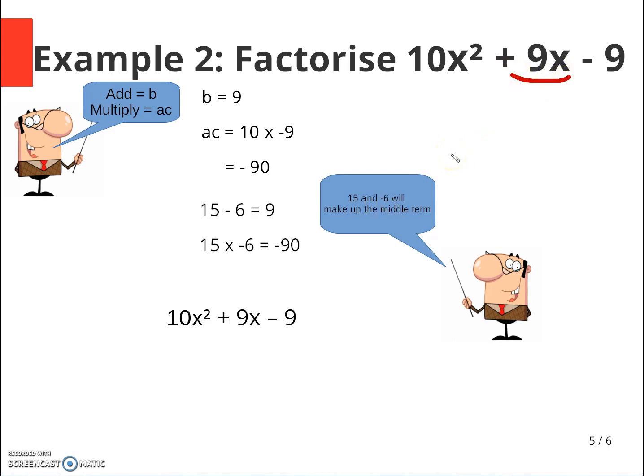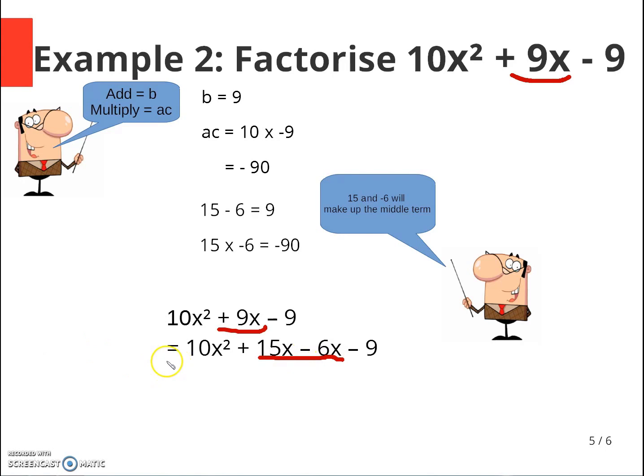So 10x squared plus 9x, take away 9, will now become 10x squared plus 15x minus 6x minus 9. The 9x has been replaced with 15x minus 6x.